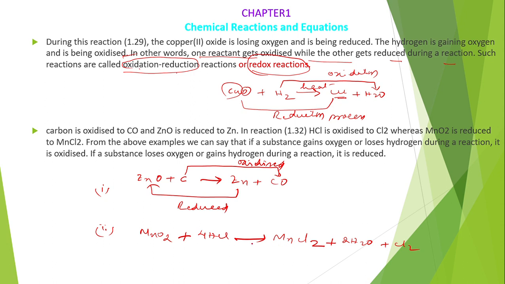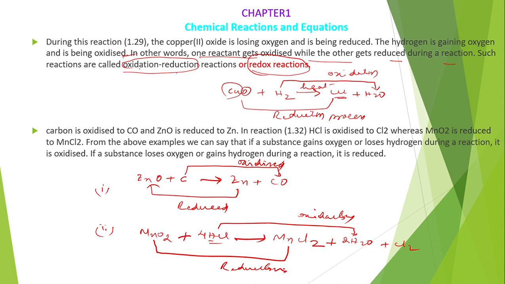See, Mn is losing oxygen. What about HCl? H is gaining oxygen, that means this is the oxidation. This is reduction.